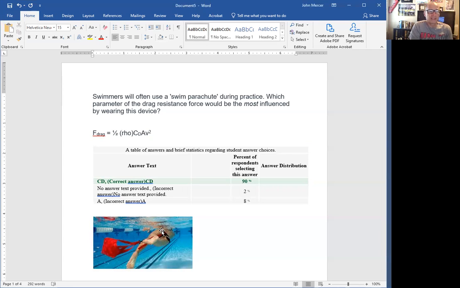A is the frontal area of the object. That would be looking at that teardrop shape from head on. If you're lying down on the ground and looking at the teardrop falling on you, you would just see a circle.